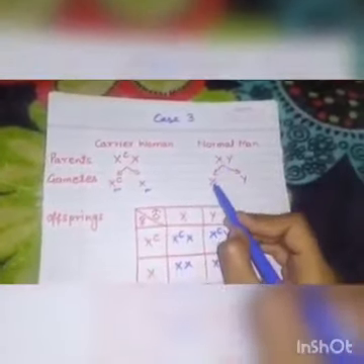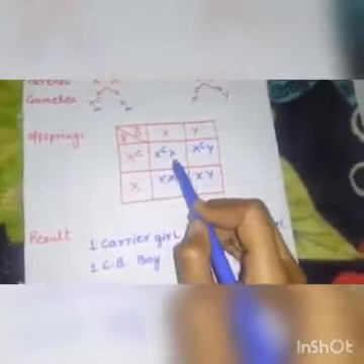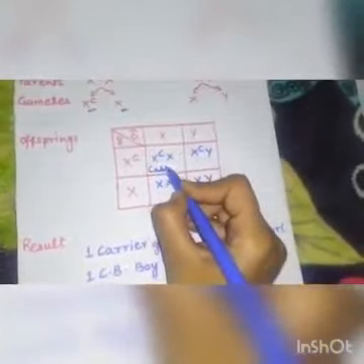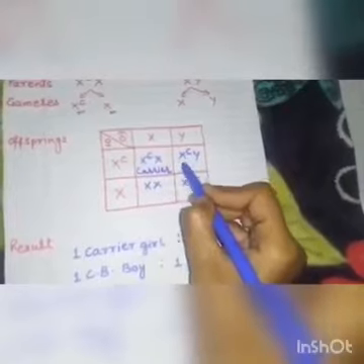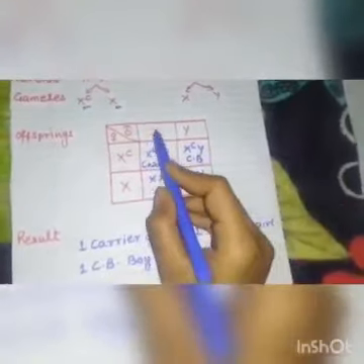Next is the third case. The male is a normal man and the female is a carrier woman. This we might see in the F1 generation of the first case. So the parents are Xc and X, and the normal male is X and Y. If you see the offspring, the male has X and Y and the female has Xc and X. The first one is Xc and X, that is the carrier, and here Xc and Y, that is the colorblind man.